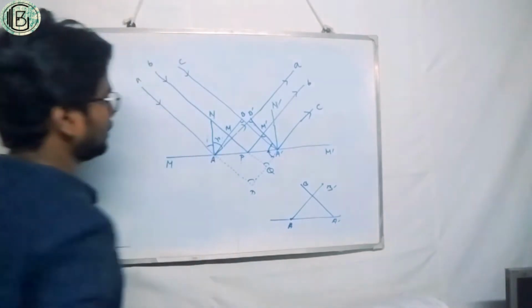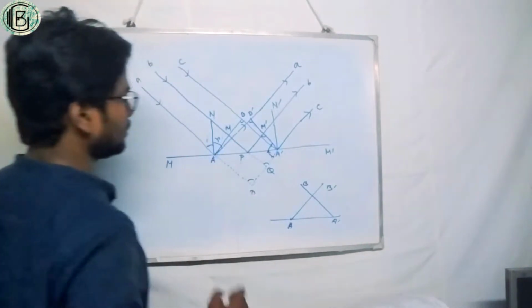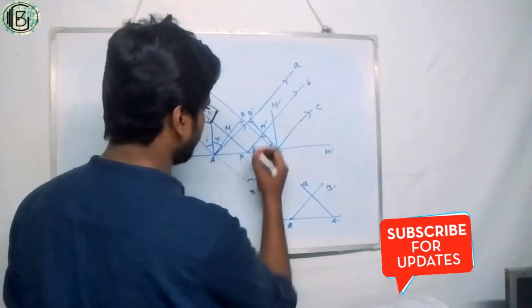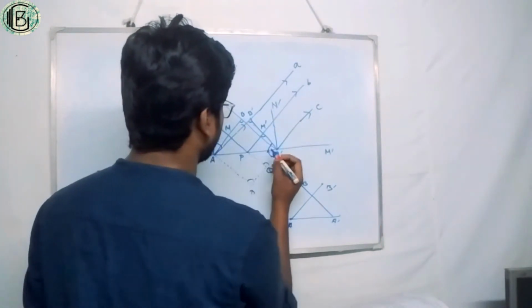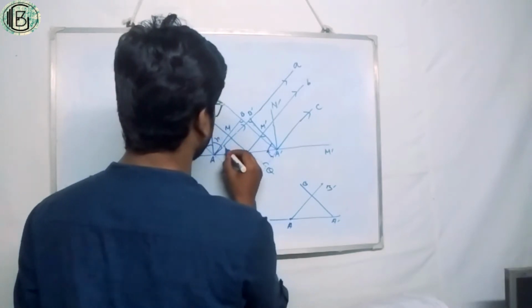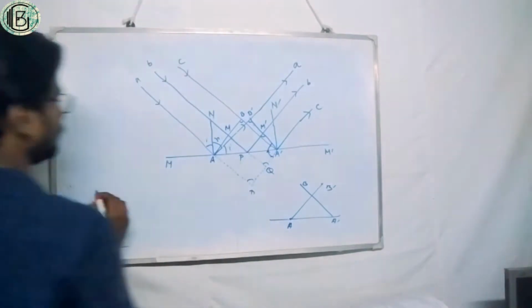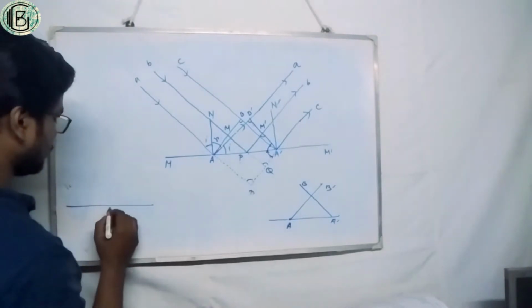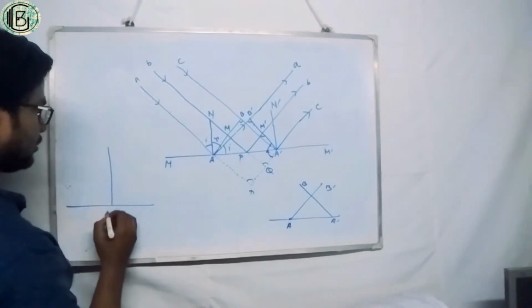Now if this is I and this is R, then if this is I, obviously this is also I. We'll try to understand this. So this is the point. We are drawing a normal.